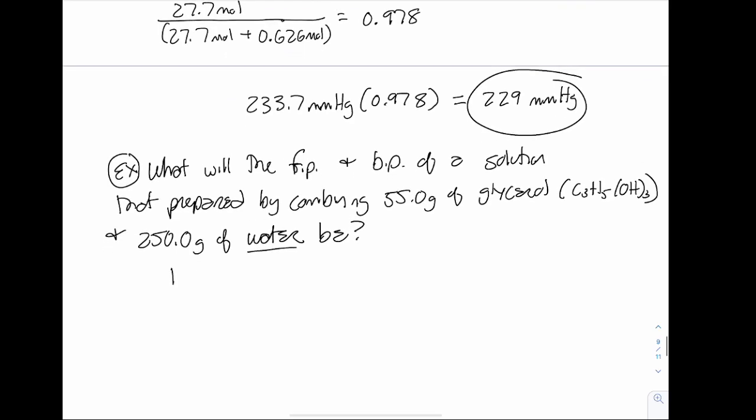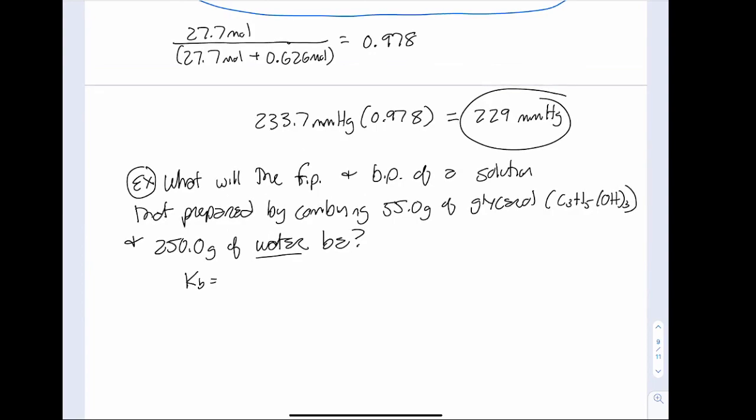So my molal boiling point elevation constant is given to us. And this is for water. Remember, we said that it does vary depending on what the substance is. And that's 0.51 degrees Celsius per molal. My molal freezing point depression constant, 1.86 degrees Celsius per molal.